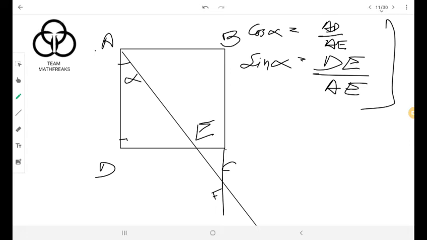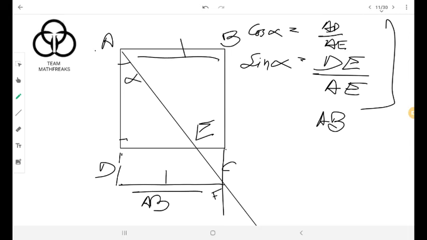And also another possibility is AB over, let me extend it. This part is equal to AB.